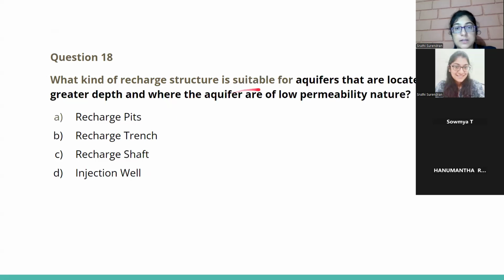Now, what kind of recharge structure is suitable for aquifers that are located at greater depths and where the aquifers are of low permeability nature?